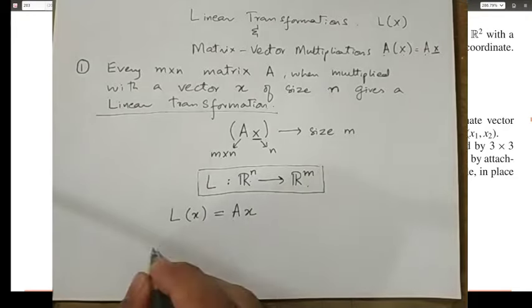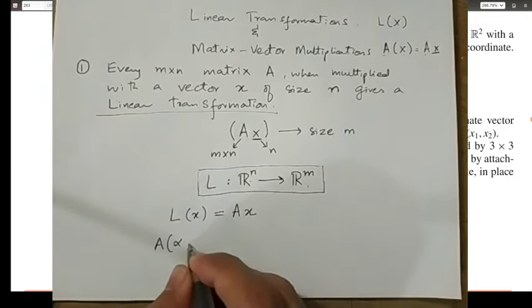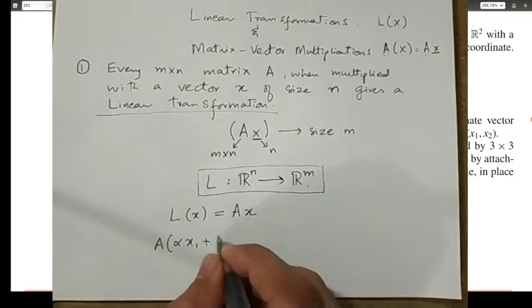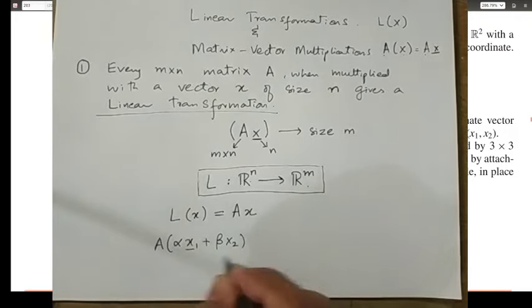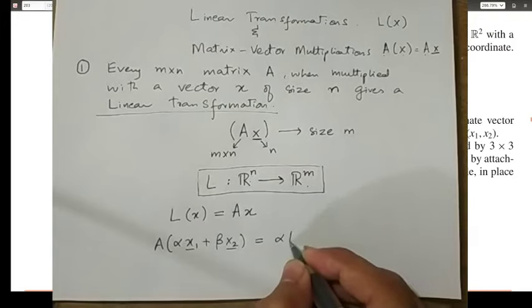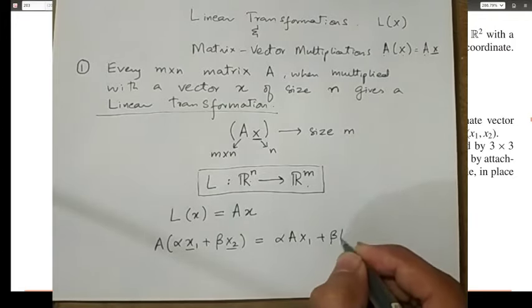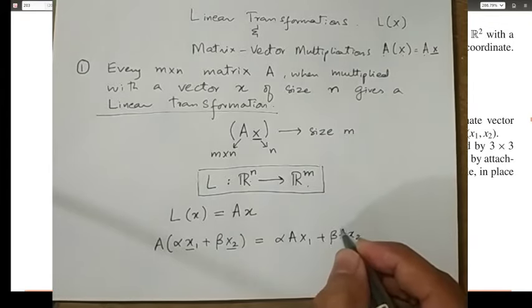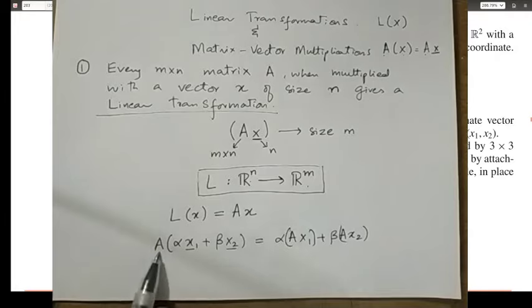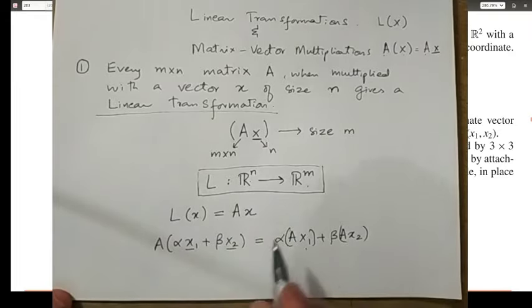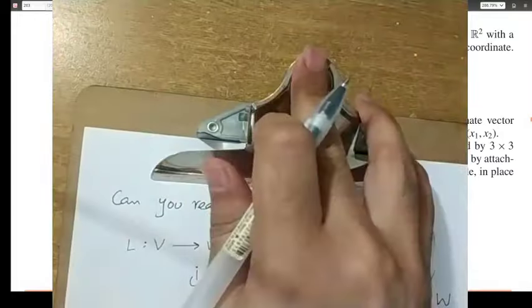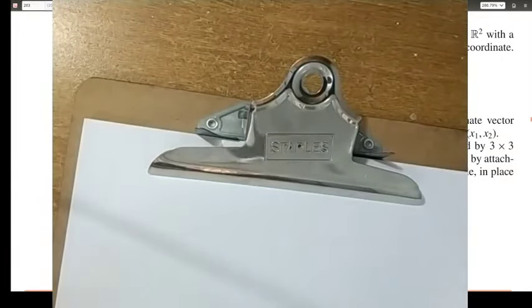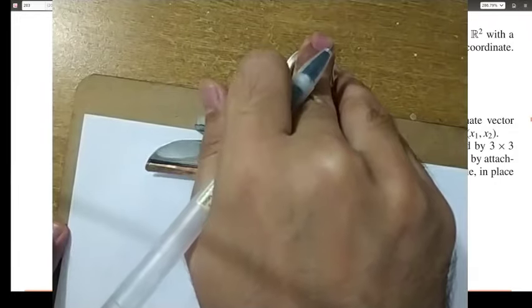You can just check whether A times alpha x1 plus beta x2 gives you alpha A times x1 plus beta A times x2. And this, of course, is very easy to see because it's just matrix multiplication, and matrix multiplication follows these rules. It's very easy to see. Perhaps I don't even need to show this, but let's do it for the sake of completion.